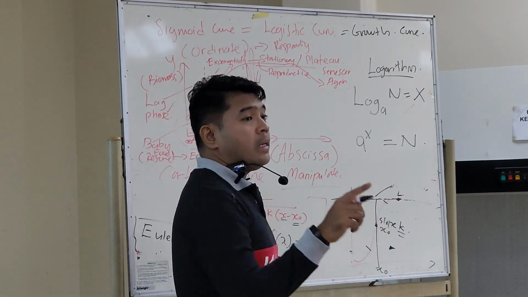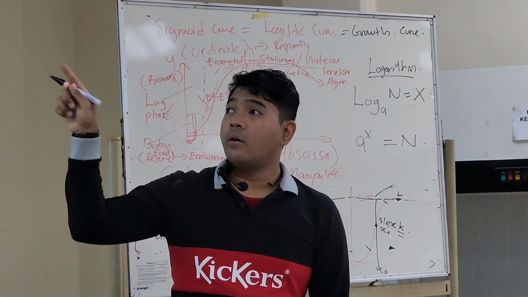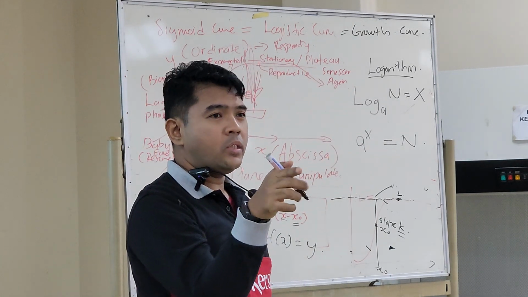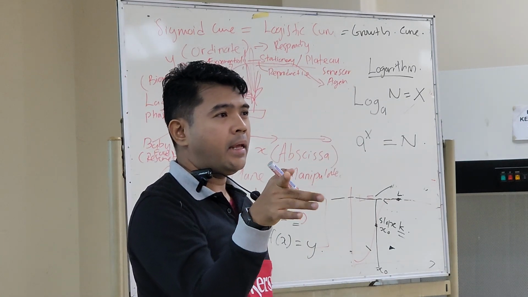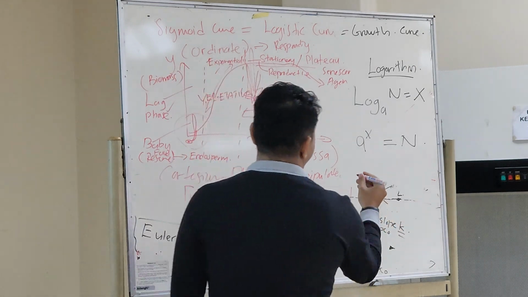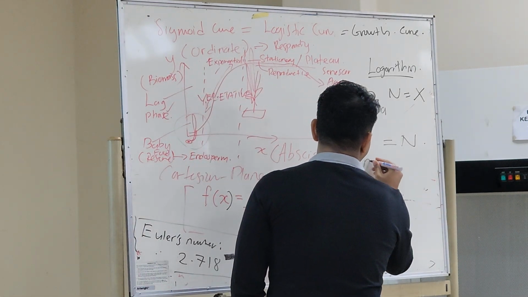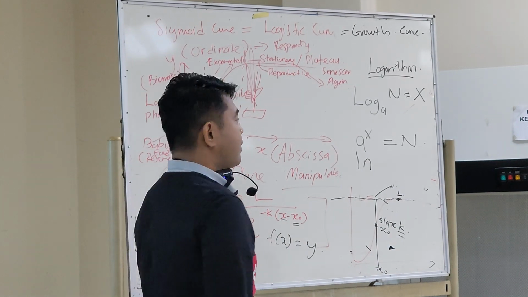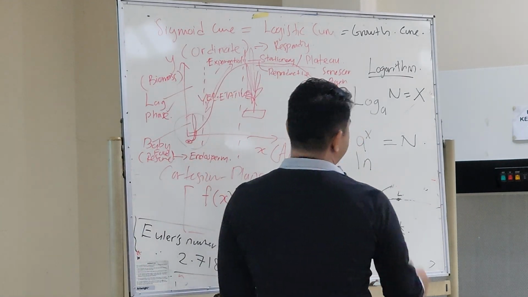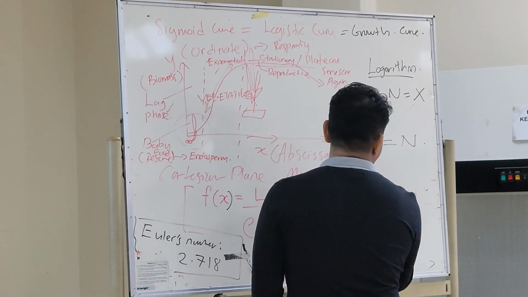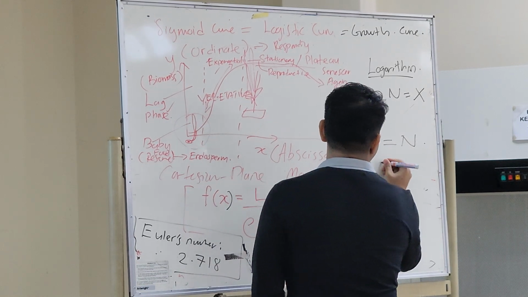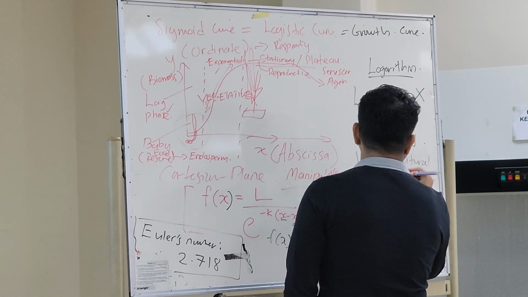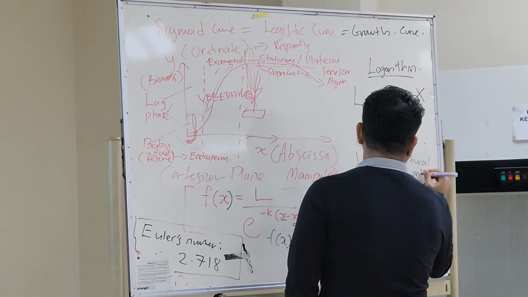Okay? In one of the growth parameters that you are about to learn, I think it should be CGR or maybe NAR, you are going to find ln. See ln? In your calculator, you always see this? Yeah. What's that? This is called natural log or natural logarithm.